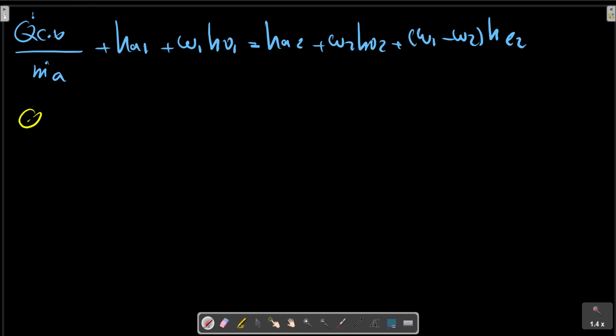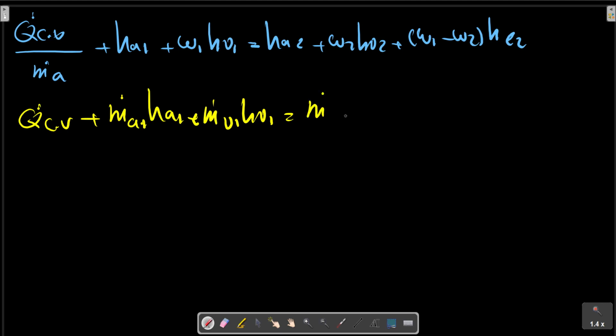It comes from this relation: Q dot control volume plus m dot A1 h A1 plus m dot V1 h V1, and at the exit also we have m dot A2 h A2 plus m dot V2 h V2.